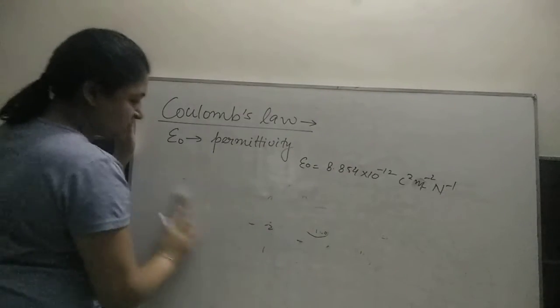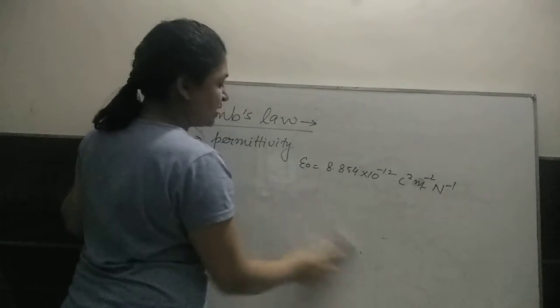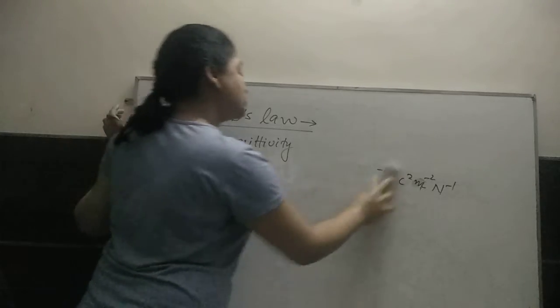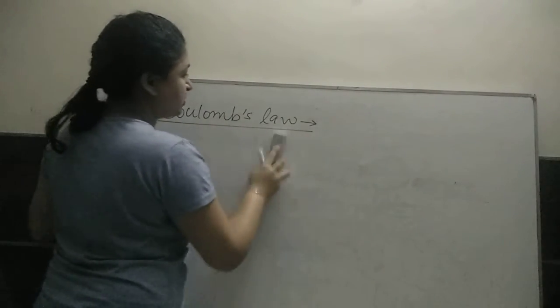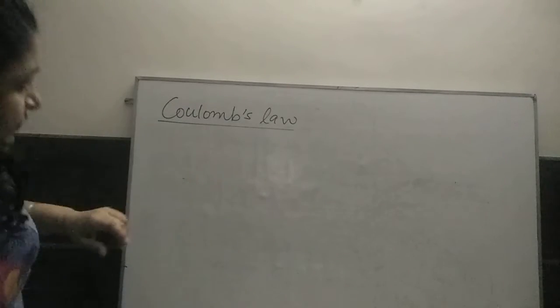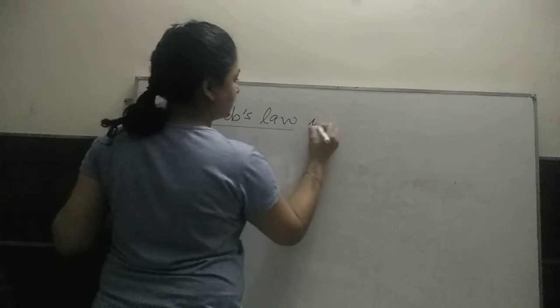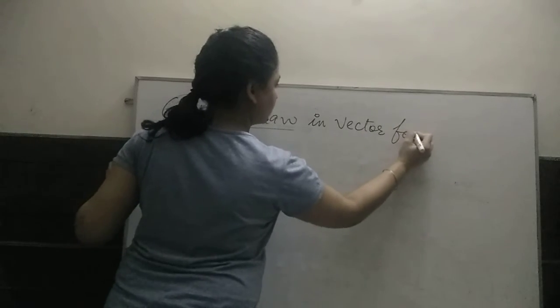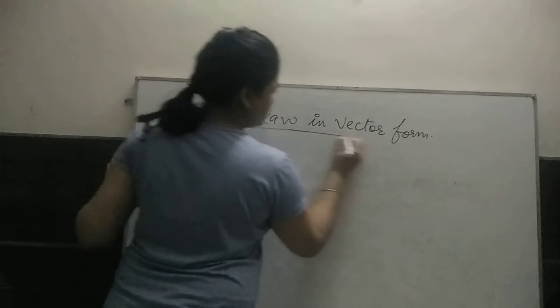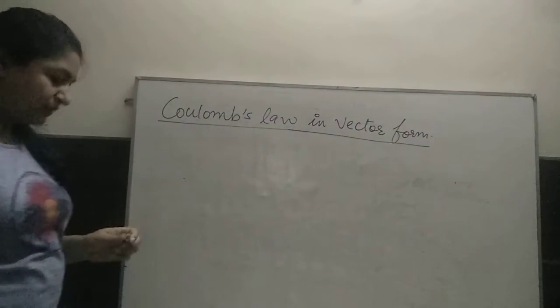Rest of the things will remain same. Only directions we are going to add here in order to write the force in the vector form. So let us write this Coulomb's law in vector form. So directions we are going to add here, nothing else we are going to do here.